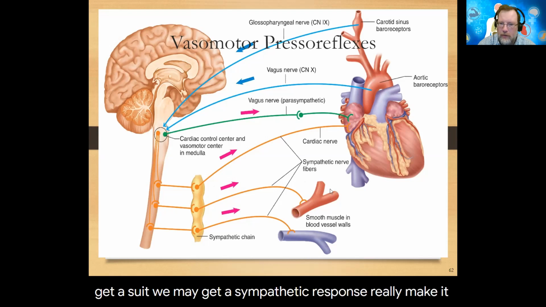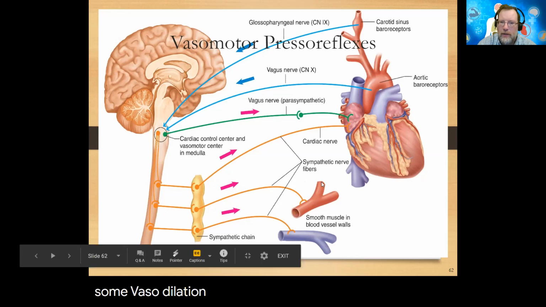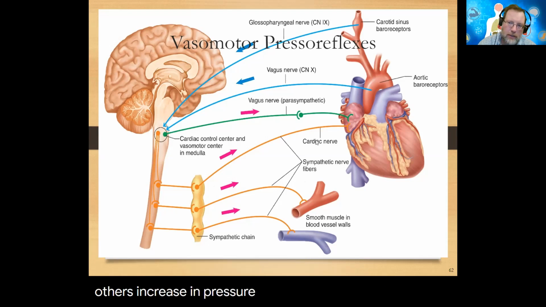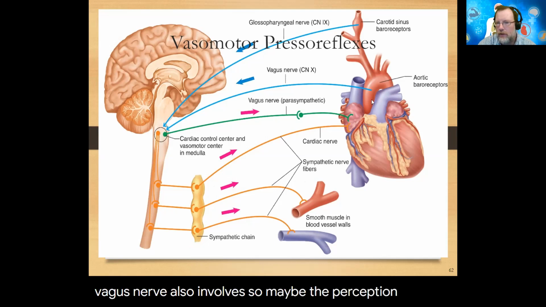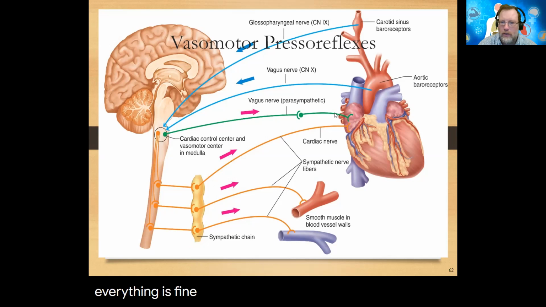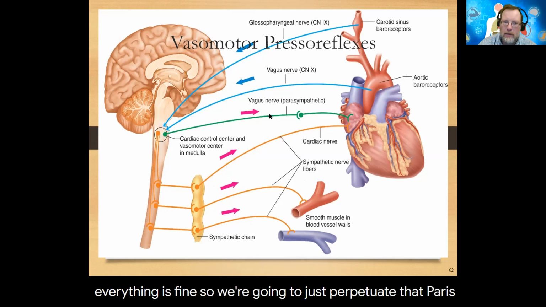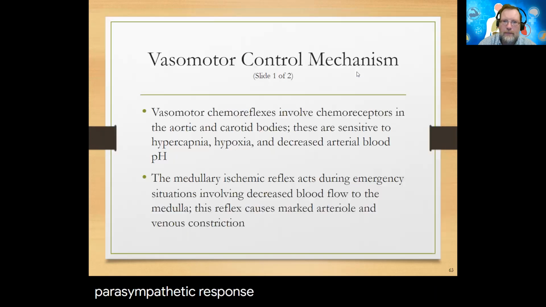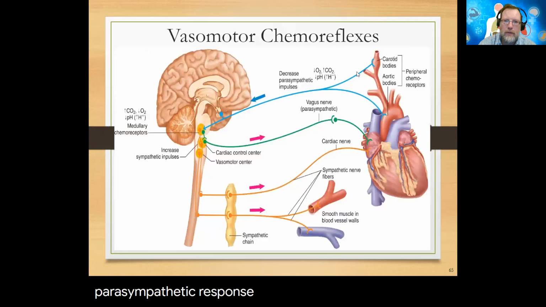We may get some vasodilation in some areas, vasoconstriction in others, an increase in pressure in some areas, a decrease in pressure in others, and an increase in heart rate. We see the vagus nerve is also involved. So maybe the perception is everything is fine, so we're going to just perpetuate that parasympathetic response.